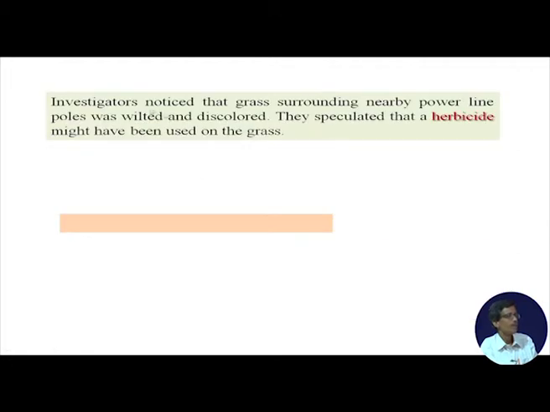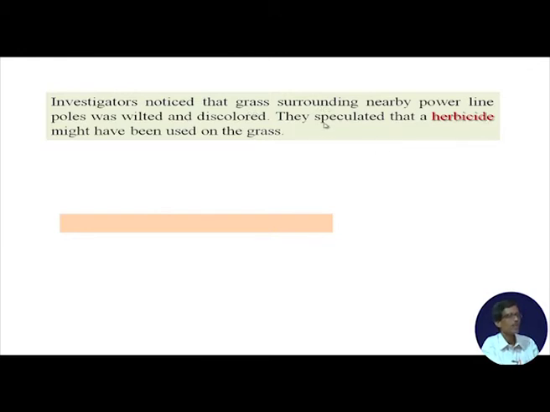People tried to understand it in a different way and called in investigators. The investigators were asked to understand the grass surrounding the power poles. To monitor the growth of grass, we can put some herbicide.